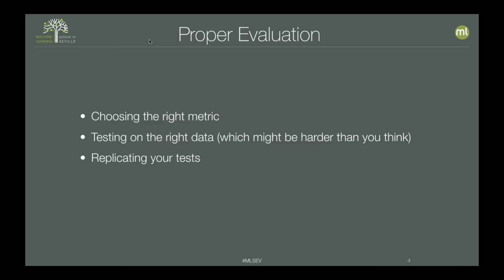Holding out the correct data for testing can get a little tricky, and it can get tricky in a way that's really annoying and dangerous. I'll get more into what that is in a minute. And third, you have to replicate your tests. As Tom was talking about earlier, there's a lot of uncertainty in the world. There's data uncertainty, there's model uncertainty, and you want to get a sense of that variance by doing multiple tests.